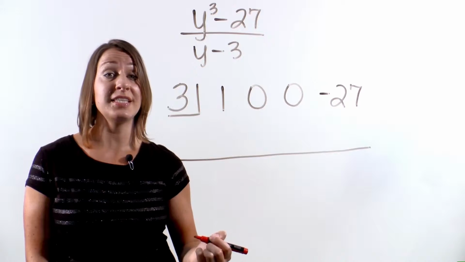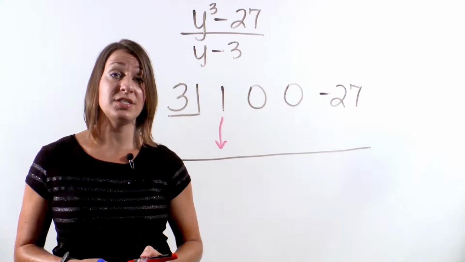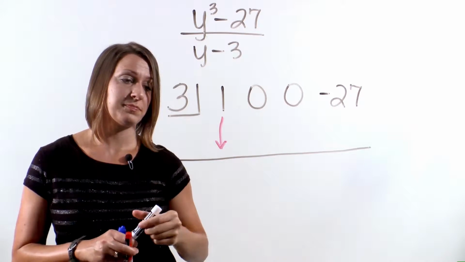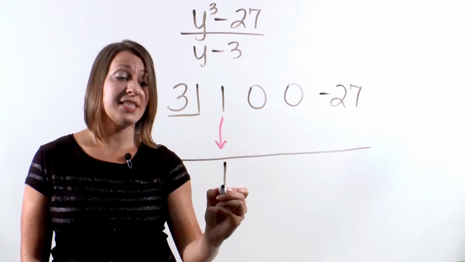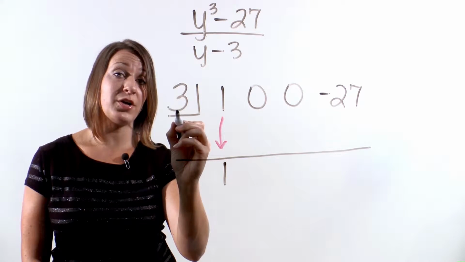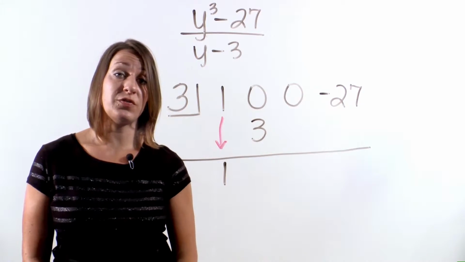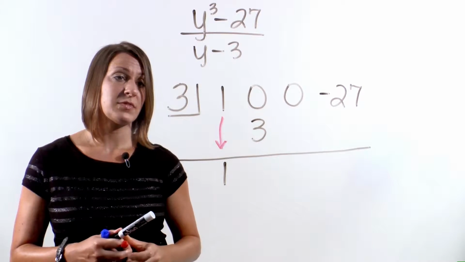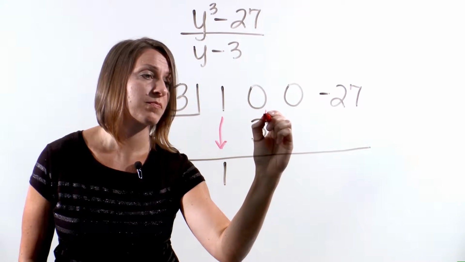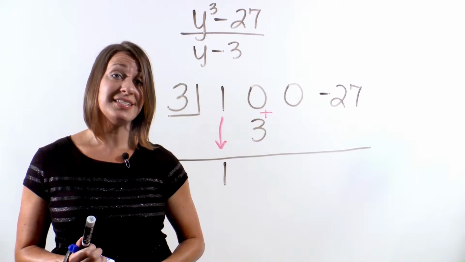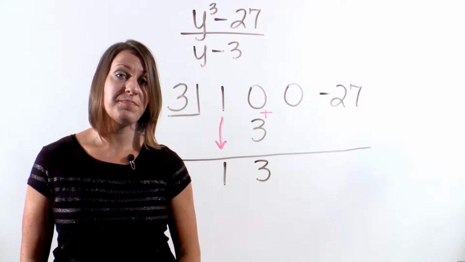The first step in synthetic division is to drop the first coefficient down to the answer line. Next, we'll take that answer, multiply it by our corner number, and put the answer directly underneath the first 0. 3 times 1 is 3. Then we'll add 0 plus 3 to get 3.